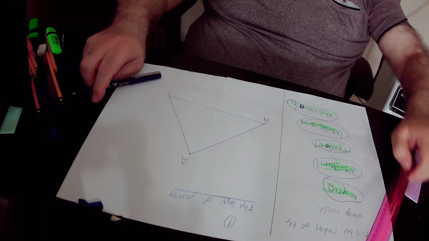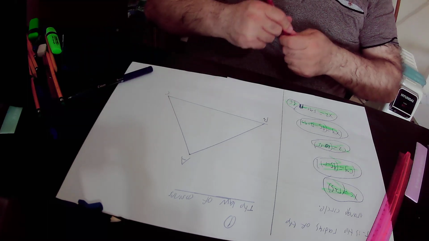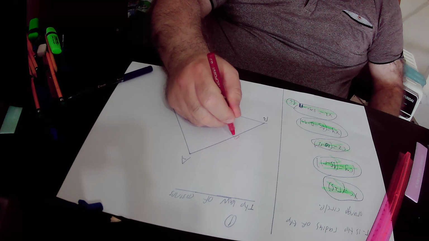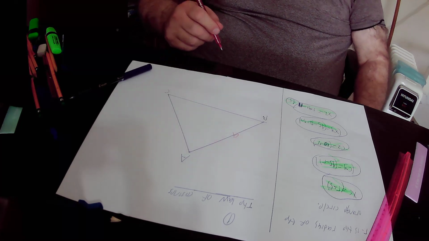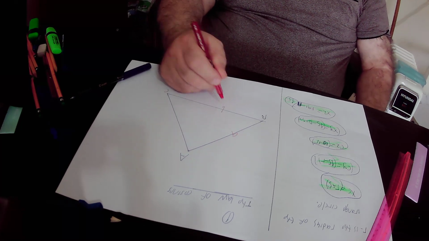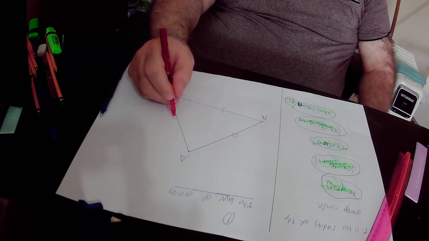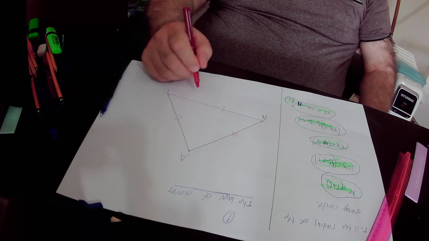And we know that side AB of triangle ABC equals A units in its length, side BC equals B units in its length, and side AC equals C units in its length.